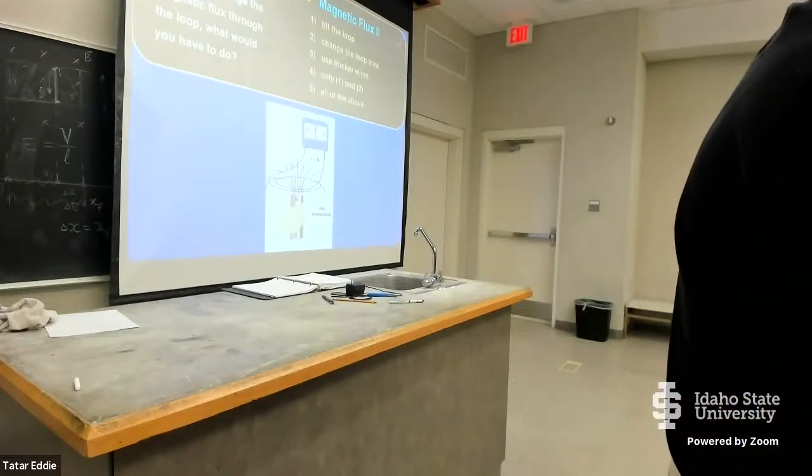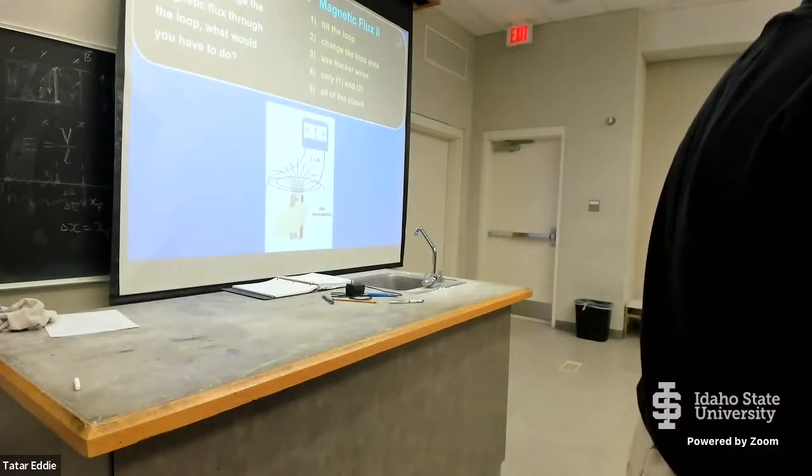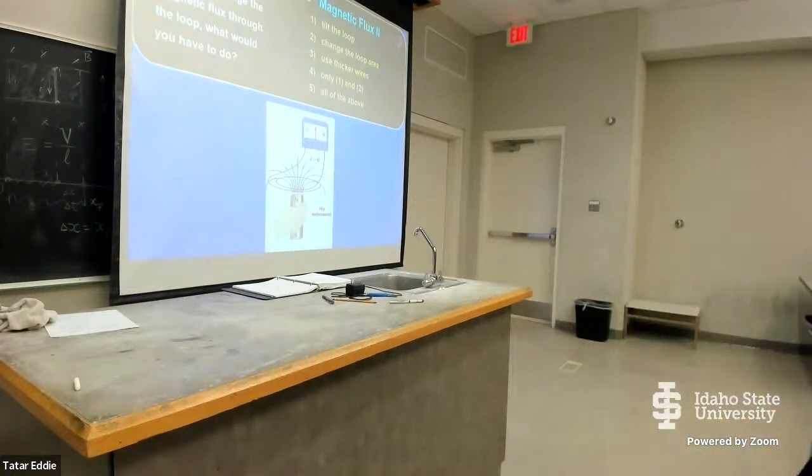So let me see if, for the next question, we're equipped to figure it out. In order to change the magnetic flux through the loop, what would you have to do? They're offering you either change the orientation of the loop, or change the loop area, maybe by squeezing it, if you have this thing to squeeze.